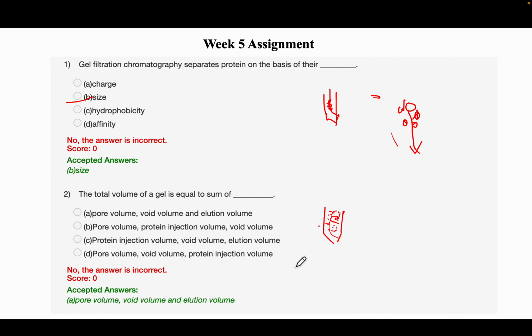You inject the protein into the column, and it won't be considered in the gel volume, because it passes through the column. The gel volume consists of the pore volume, where your beads are, since the beads also have pores, and this volume will also include the void volume and elution volume. Okay.